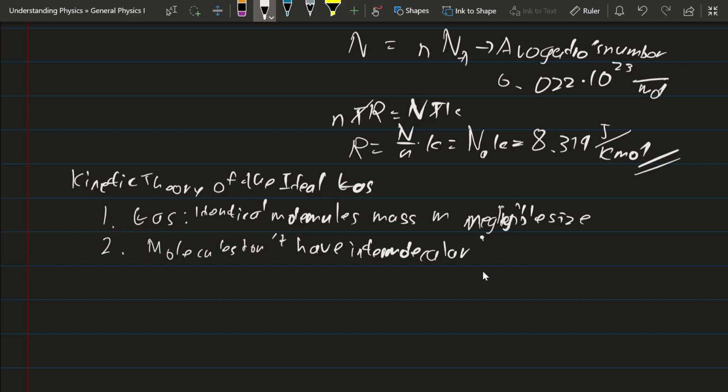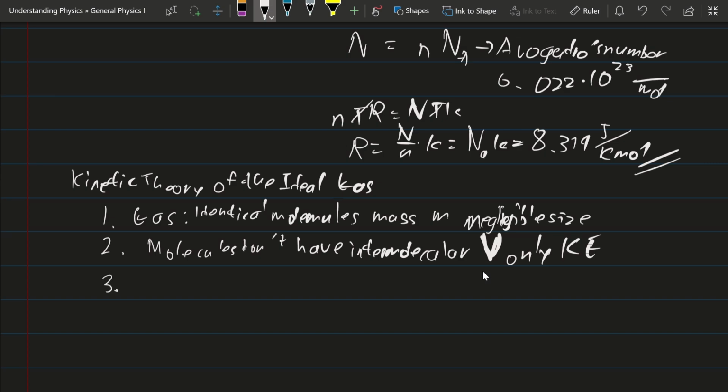Molecular potential energy V. No, sorry, I'll call that U. Only kinetic energy. So this basically states that if you have two particles close together, they won't try to repel each other. They don't even actually attract each other. They might collide with each other, but all we need to care about is the kinetic energy.